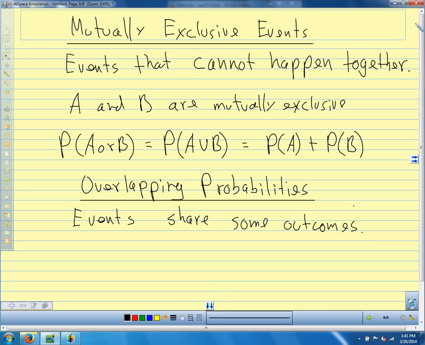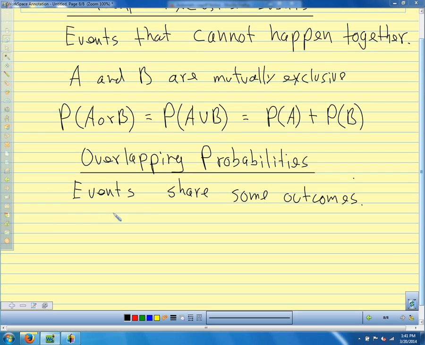So to combine our probabilities here, if we have overlapping outcomes, so we're going to say A and B share outcomes.